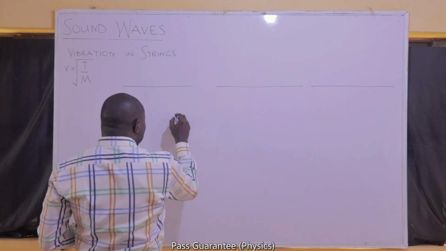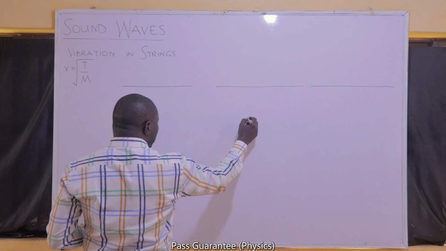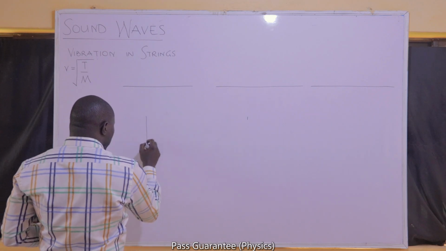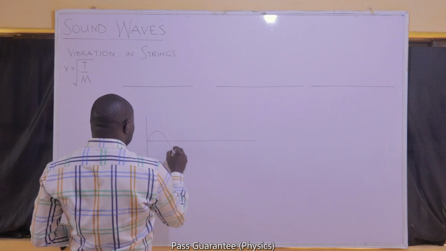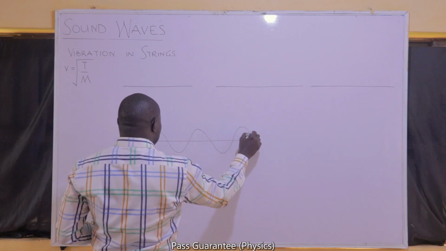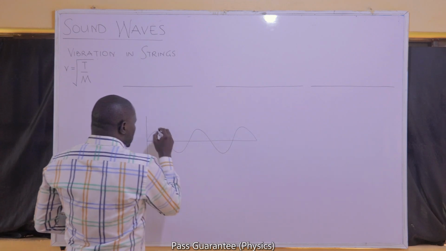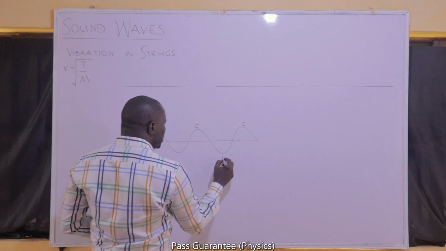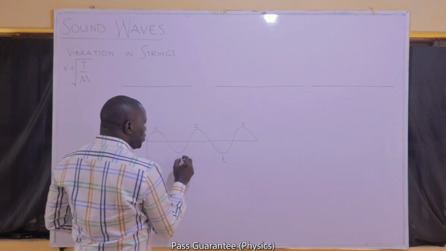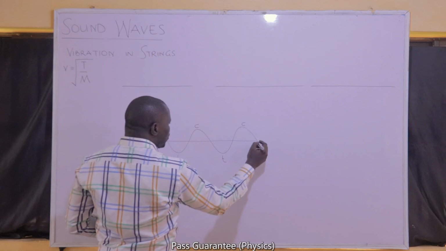If you have a transverse wave, points of maximum upward displacement are called crests. Points of maximum downward displacement are called troughs.